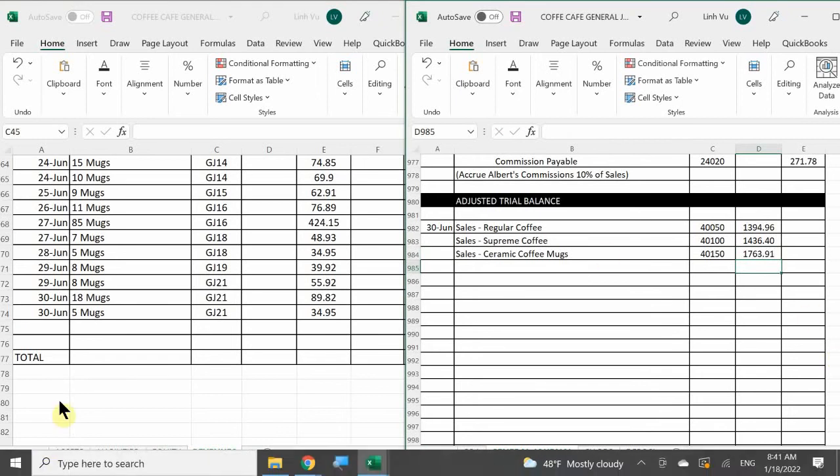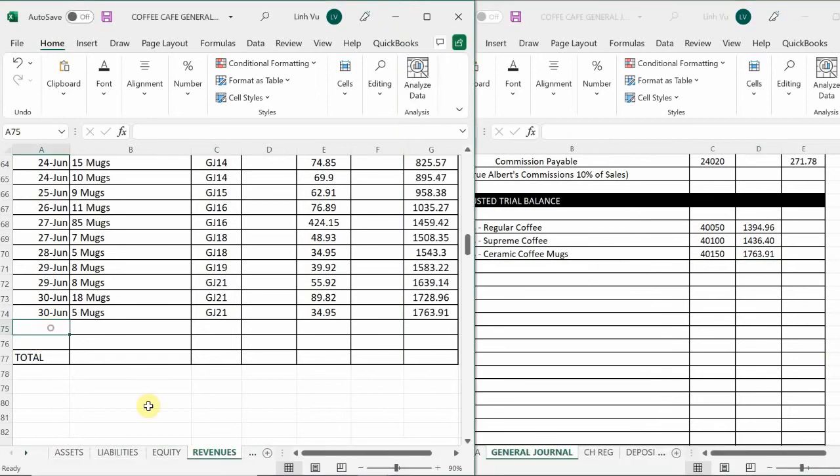That's exactly what we're going to do. We're going to close this account out for $1,763.91.